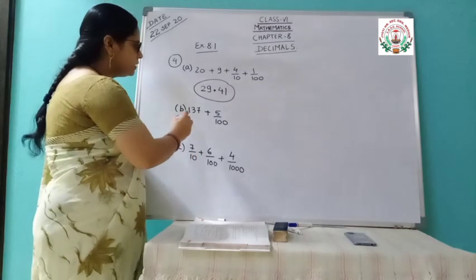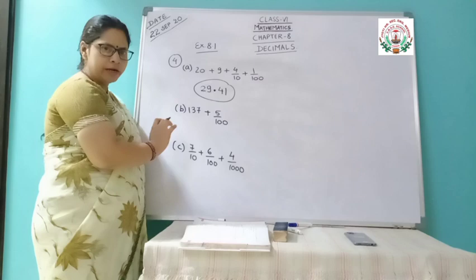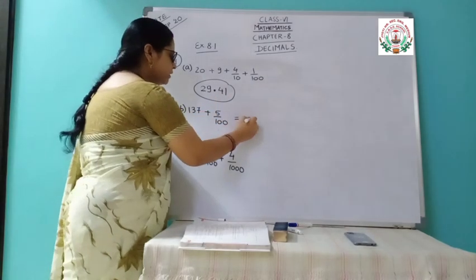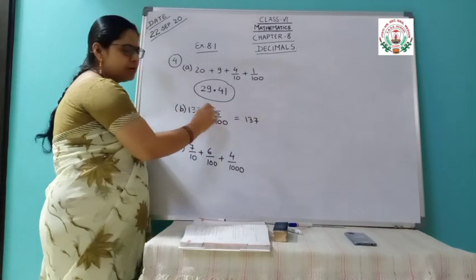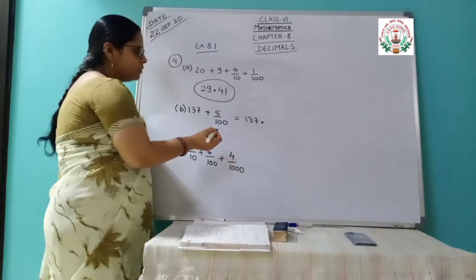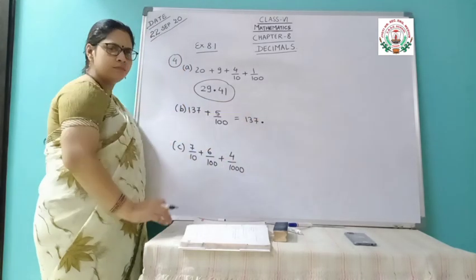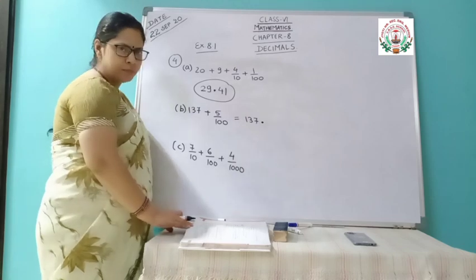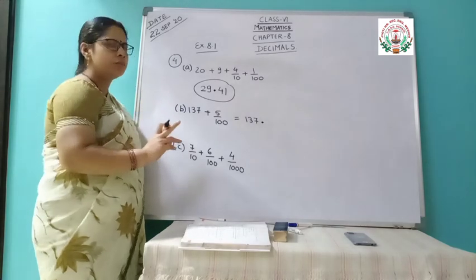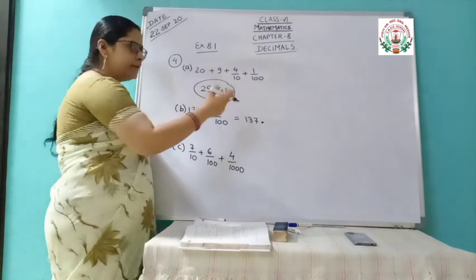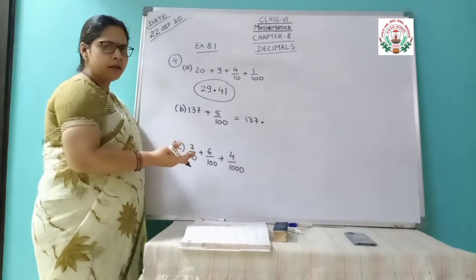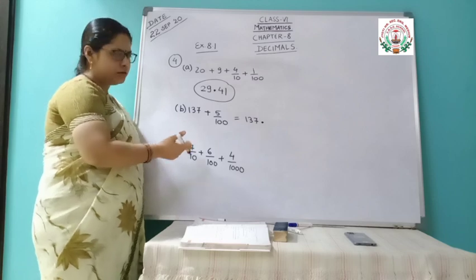Coming to the second part, it is 137. It is already added up and given. No need to add that side, the whole number part. So directly we are writing 137. Then it is given in fraction, so definitely it is the decimal part. So we are going to put one decimal point. So what, 5 we will write here? 0.5? Is that 0.5? No. Why is it no? Because the first digit after the decimal is by 10 and the second digit is by 100. Here it is given directly by 100. So what about 10? It is not given, nothing is given as divided by 10.